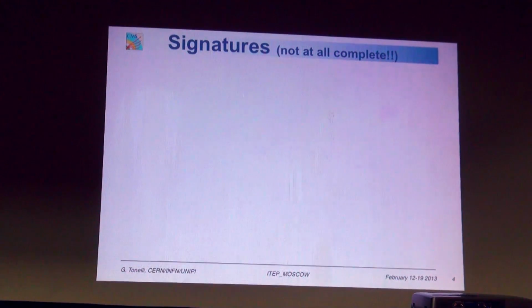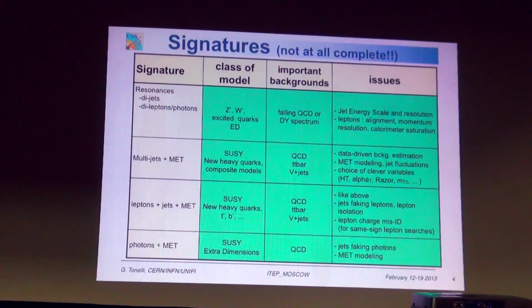I start with some discussion on the signatures, which is not complete, but at least on this slide I would like to attract your attention because it contains the basic tools that we use in several contexts, looking for different signatures and in different background conditions.